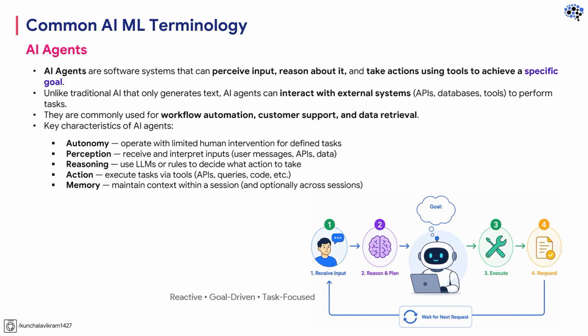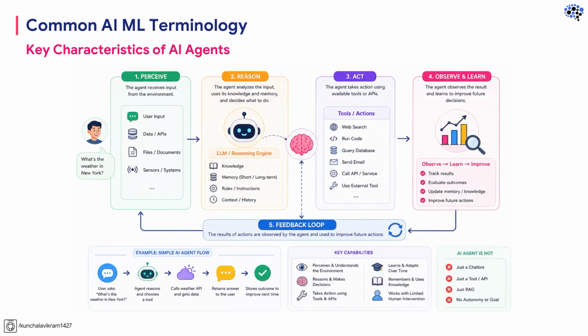Basically these are reactive, where you ask a question and it will respond, very specific, goal driven and task focused. Okay, so they perceive information from the environment, like the user input or reading from API files or documents or some sensors or systems, and then they'll reason. So reason is the ability to understand the problem and start approaching the solution, right?